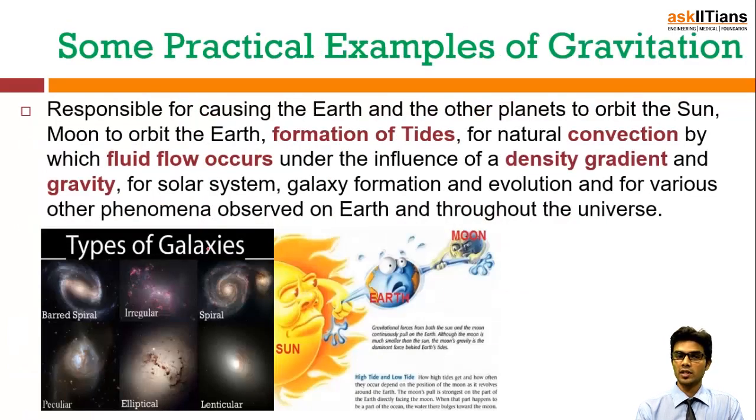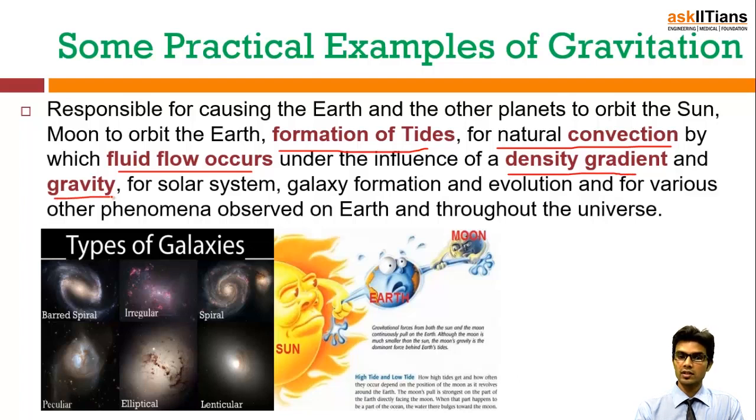Let us take some practical examples of gravitation. Gravitation is responsible for causing the Earth and the other planets to orbit the Sun, the Moon to orbit the Earth, formation of tides, and natural convection by which fluid flow occurs under the influence of density gradient and gravity.